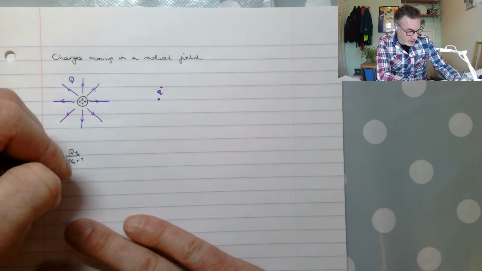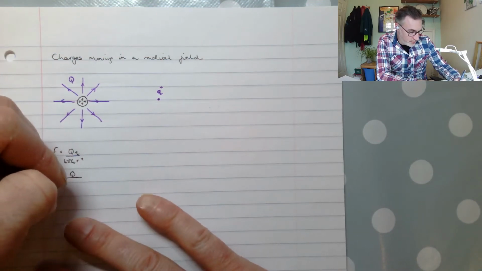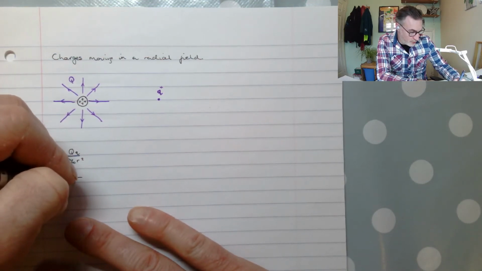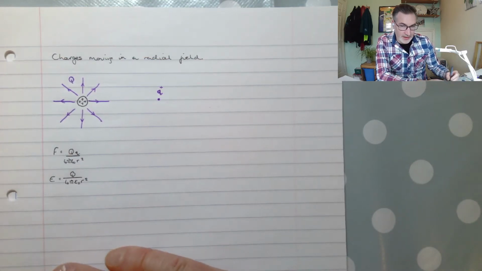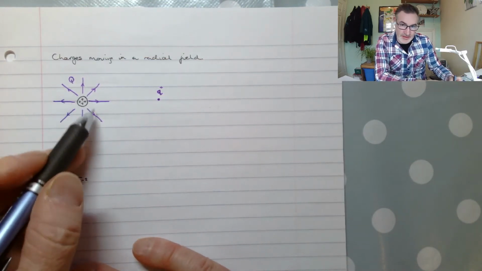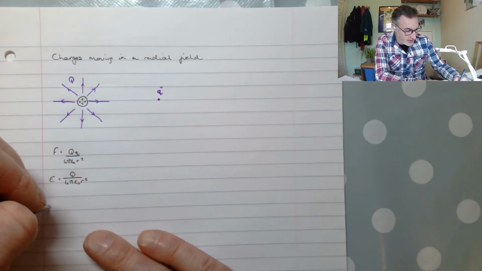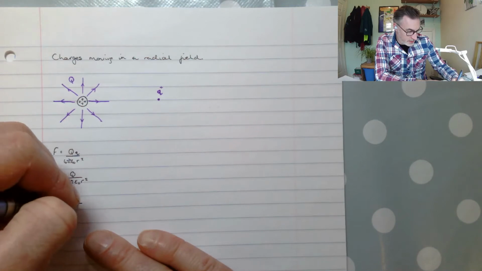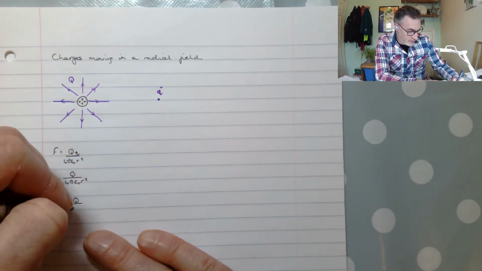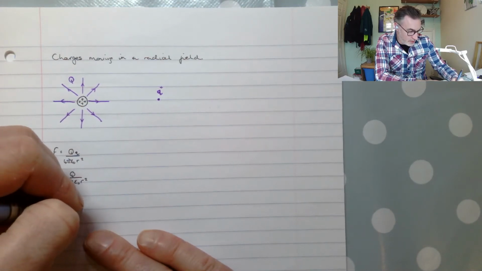So E is equal to Q over 4 pi epsilon naught r squared. And finally, the electrical potential around this, you would have V is equal to Q over 4 pi epsilon naught r.